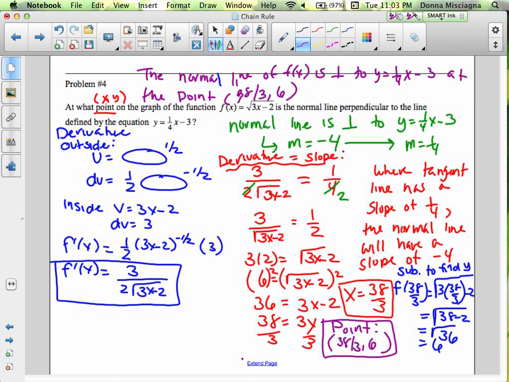Boy, the writing up there is not good. It's a good thing it's written below, because it's pretty wonky up there. And that's it.